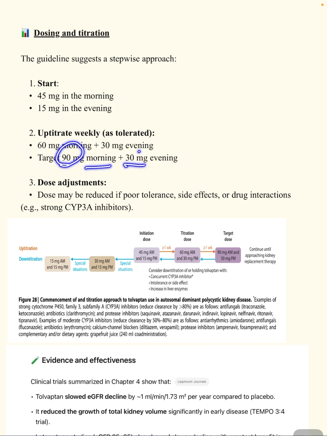Target dose is 90 mg in the morning and 30 mg in the evening. The morning dose is usually higher to maximize daytime aquaresis. Dose reduction is allowed if there is poor tolerance, any side effect, or drug interaction. Then down-titration of the drug is needed.